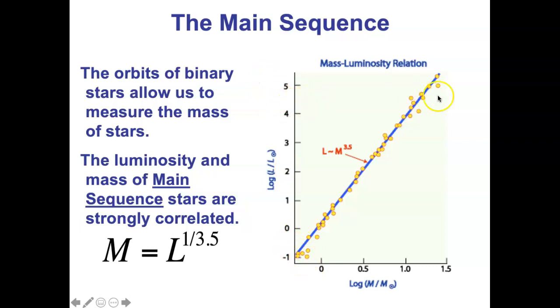These stars are high luminosity because they're high mass. The mass that a star is born with determines what its luminosity is going to be when it's on the main sequence. Let me underscore this. This straight line only works for main sequence stars.